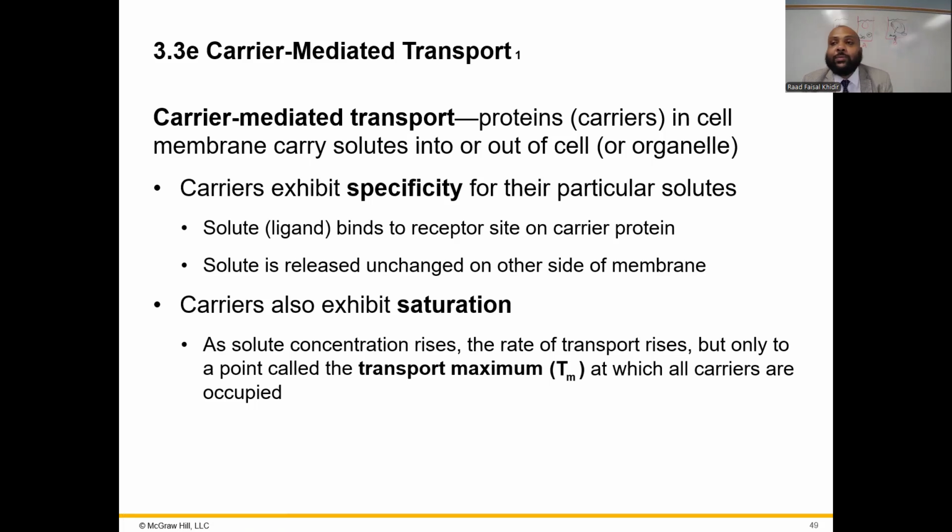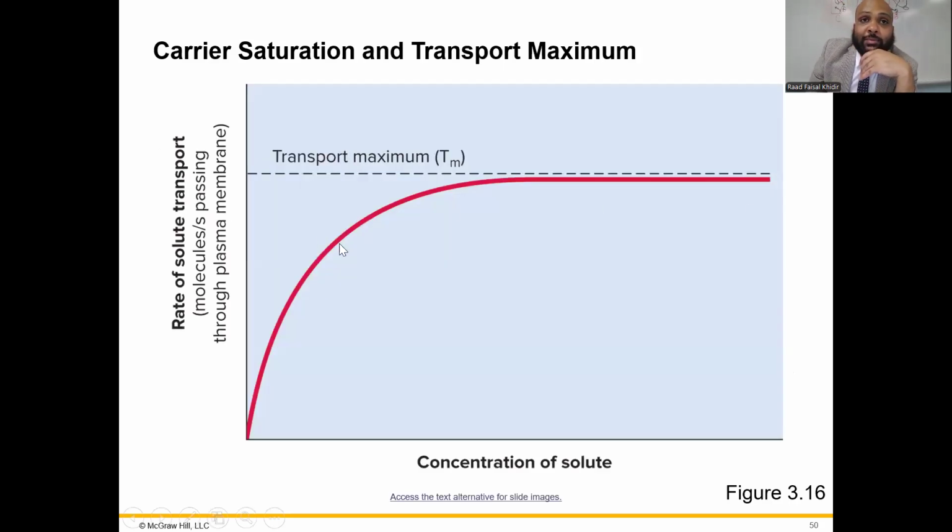There are glucose transporters that take glucose from the filtrate and throw it back in the blood. But the patient has so much sugar that it reaches the transport maximum. So all the carriers are occupied, and now the sugar starts leaking out. So that is the transport maximum.